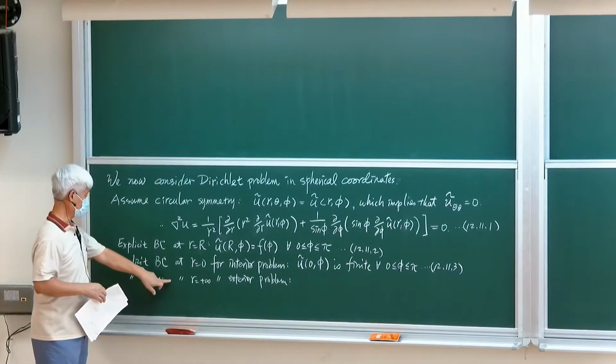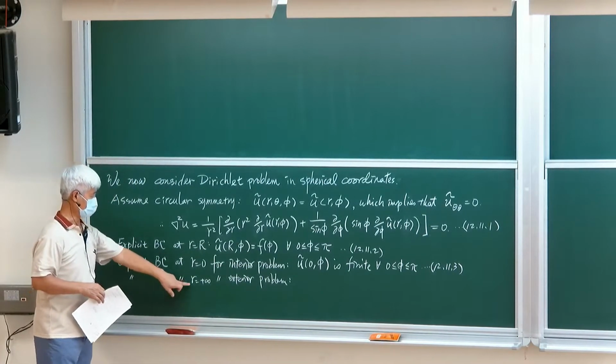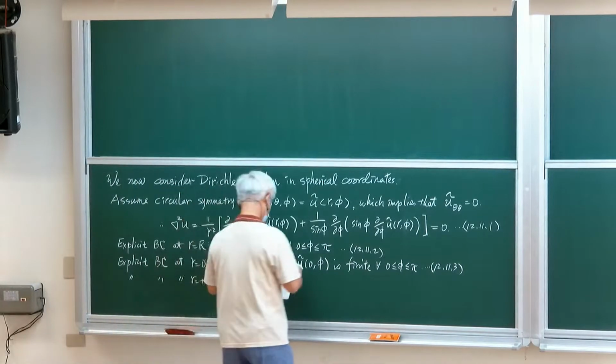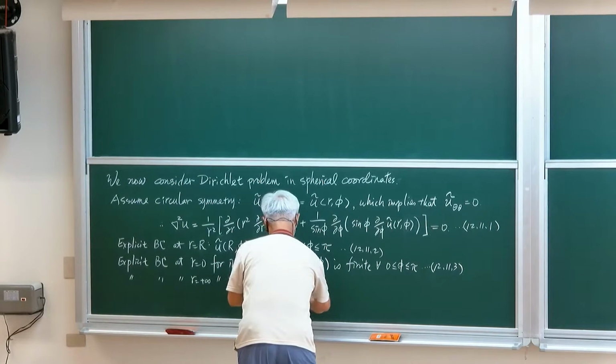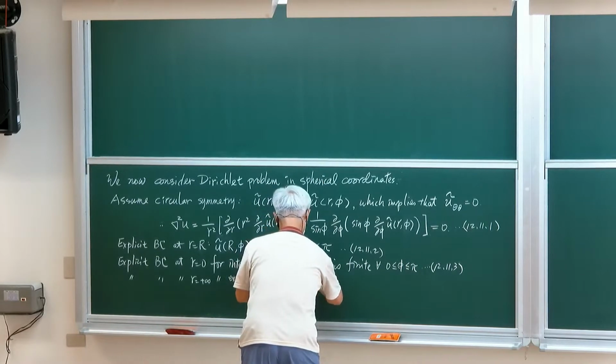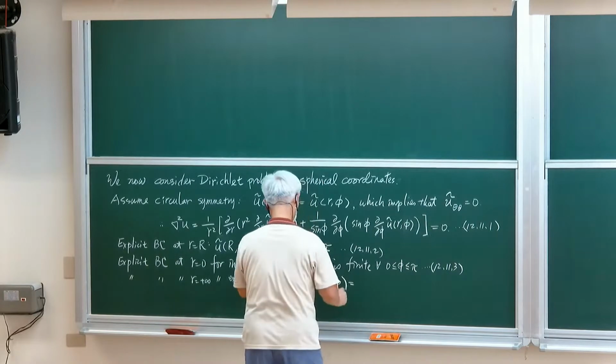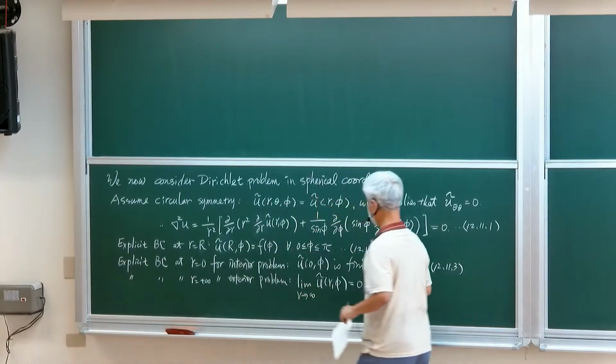So we need an explicit boundary condition at r equal to infinity. In that case, for r going to infinity, U tilde of r and phi, you usually specify it as 0.